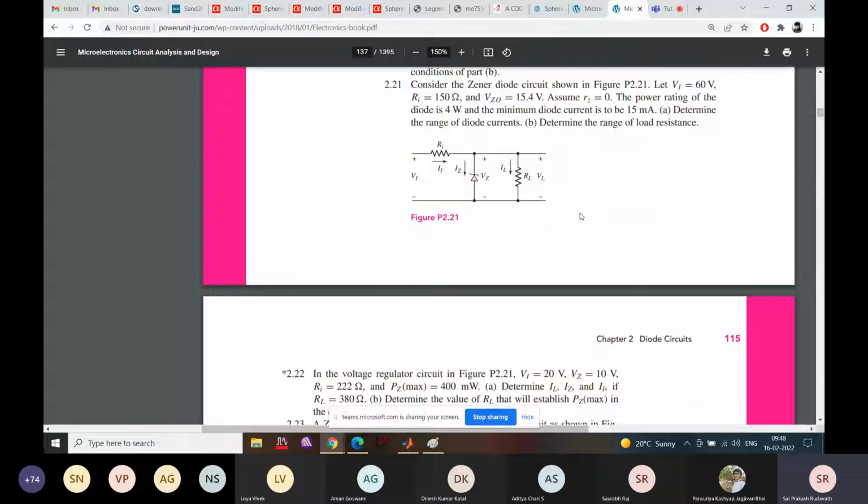When there is no current flow from load, there will be maximum current flow through zener. So with minimum current flowing from load, we get the maximum current flow there, right? So for flowing minimum current in load, what should be the RL value you use?